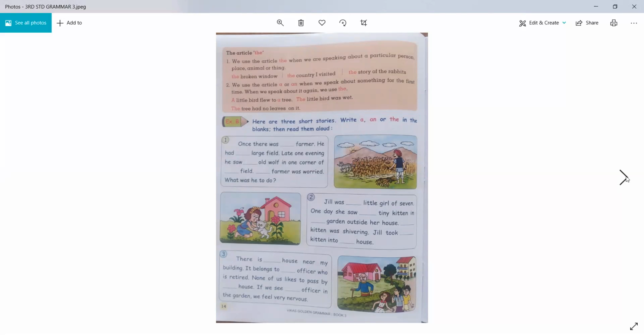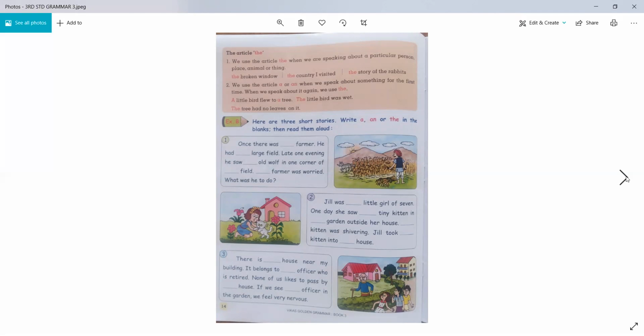These are short stories, where we have to use the article a, an, and the in the blanks. So you have to read them aloud. Okay, look at the picture. Here three very short stories are given. Look at the pictures carefully. I will read and I will tell you which article is used here to fill in the blanks.